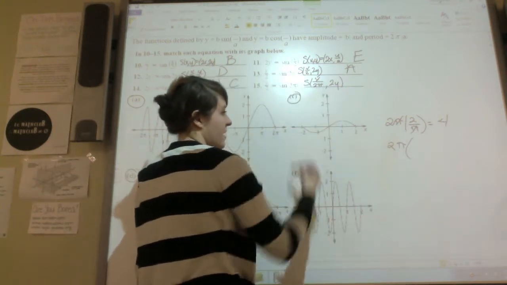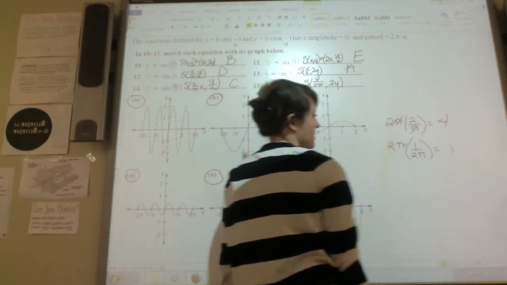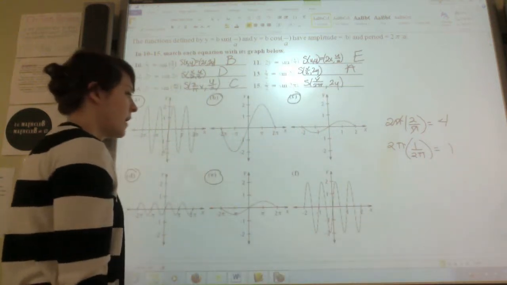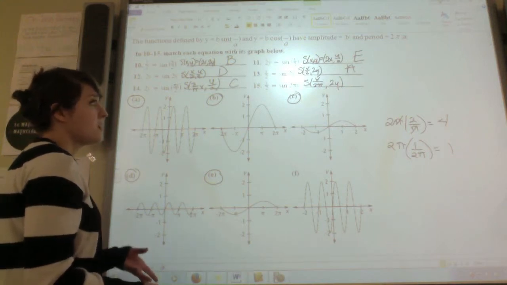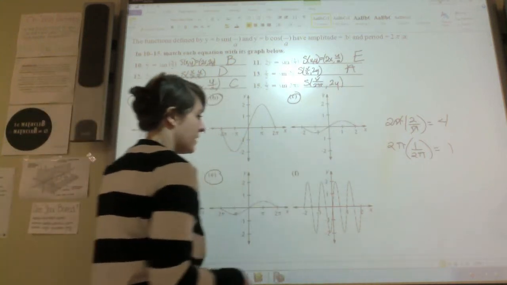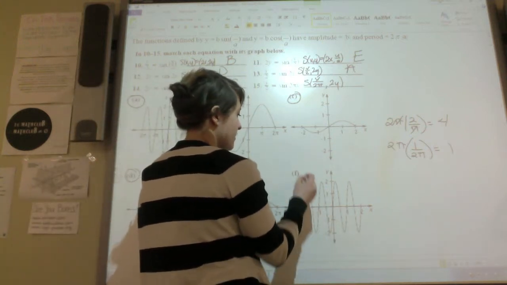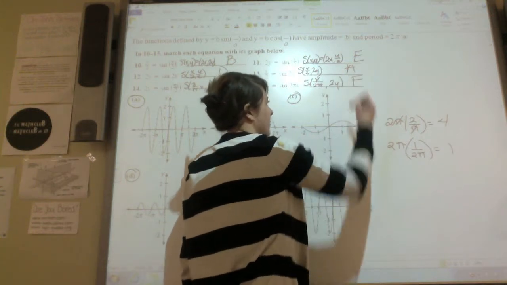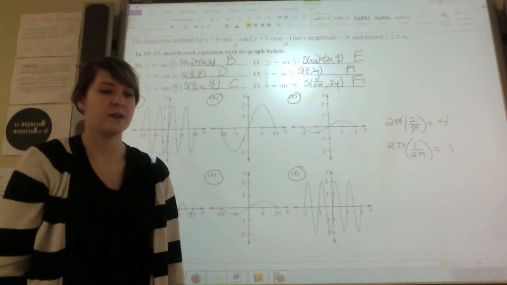If I'm dividing each of my x values by 2 pi, that's just going to be 1. So I'm supposed to have something with a period of 1, and my amplitude is going to go from -2 to 2. So that looks like it's going to be this one here, F. Alright, so that is everything for section 7.